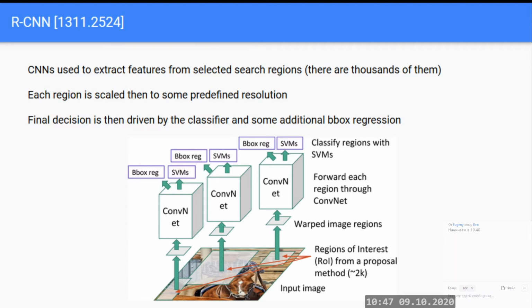And if we have hundreds and maybe thousands of proposals with such big resolution, so if we have maybe just 1,000 proposals that each take approximately one quarter of the image in size, then we need to apply our convolutional neural networks to the images with a quarter of the original size thousands of times. What does that mean?